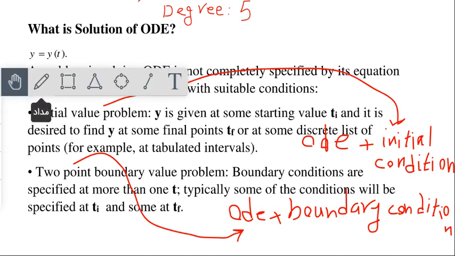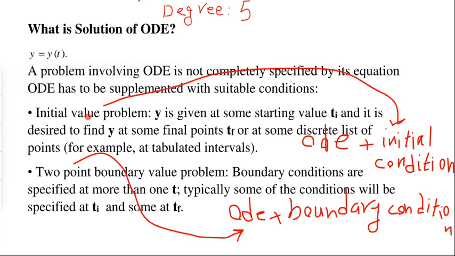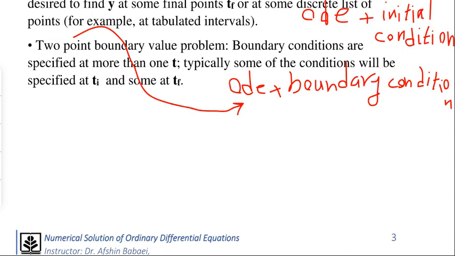So these additional conditions specify these two categories of problems. An ODE with initial conditions is called an initial value problem. An ODE along with boundary conditions is called a two-point boundary value problem.